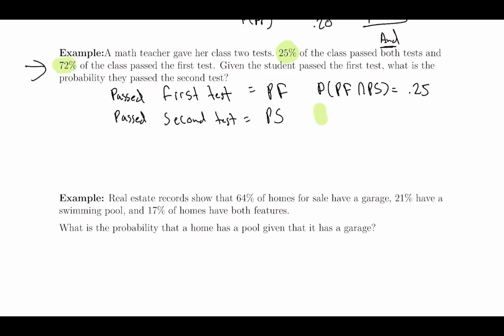So we want to say the probability they passed the first test is equal to 0.72. Yeah, it's okay, Amy. All right. Everybody good on the probability of passing the first exam being 0.72, and the probability of passing the first and the second exam being 0.25?